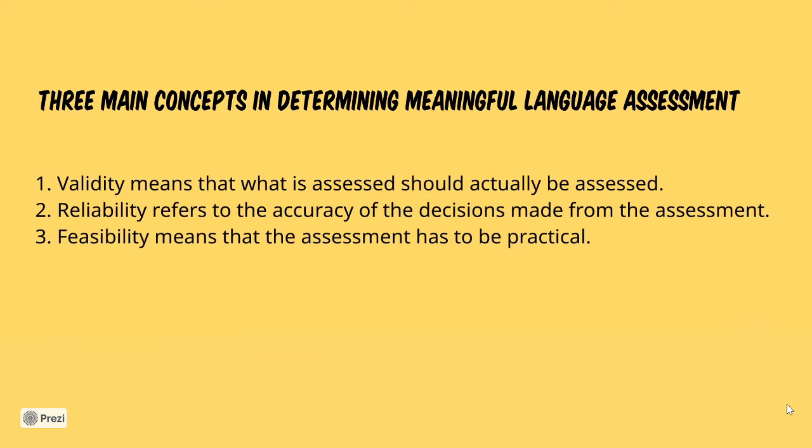There are three main concepts in determining meaningful language assessment: validity, which means that what is assessed should actually be assessed. Reliability refers to the accuracy of the decisions made from the assessment. And practicality means that the assessment has to be practical. A language assessment can cover one or more of the following four key skills: reading, writing, speaking, and listening.